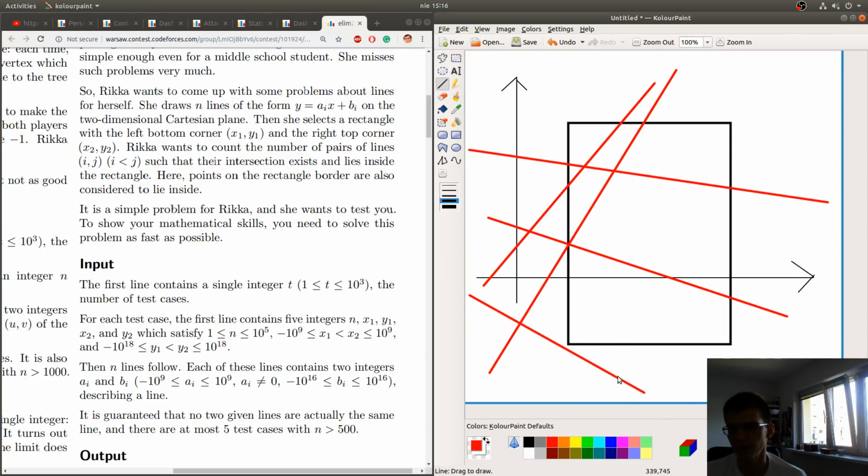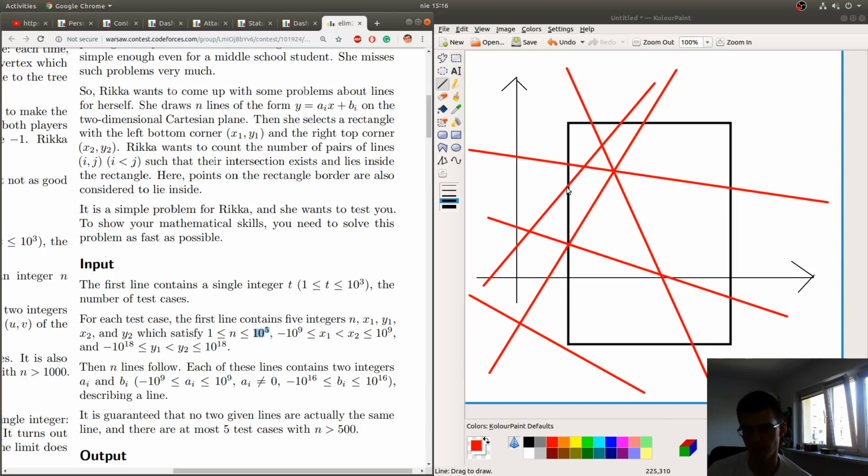Given n lines, where n is up to 100,000, we are asked to count the number of pairs of lines that intersect inside the given rectangle.